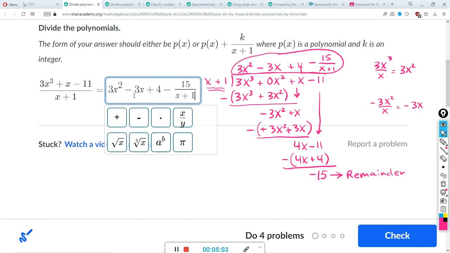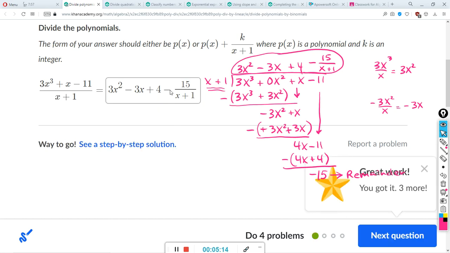Okay, so see how the answer is? The remainder at the end goes over the part at the beginning, the x plus 1. Also if you want, you can make this plus here and a negative 15 here. That's the same thing.